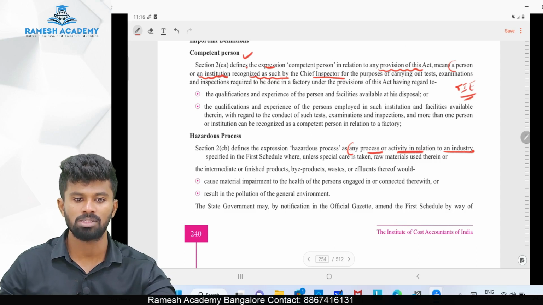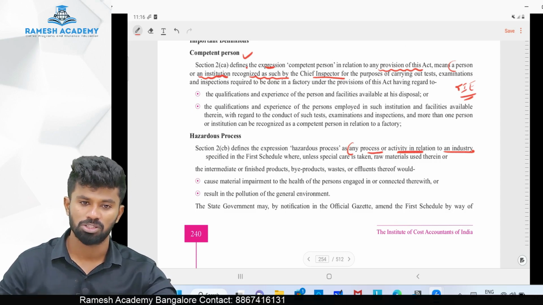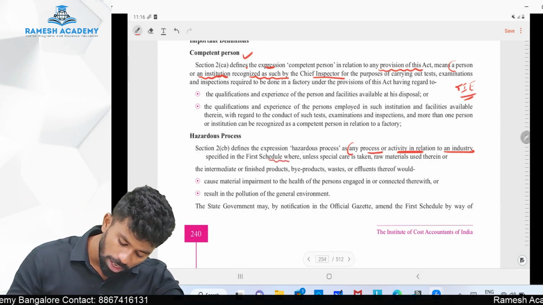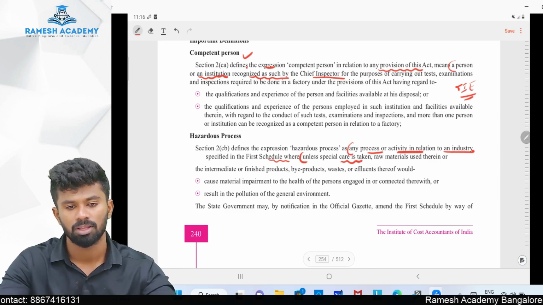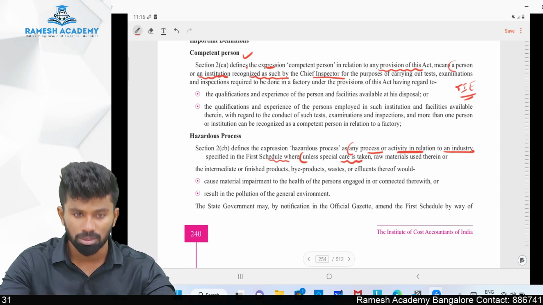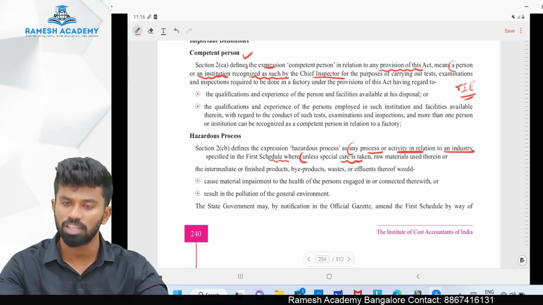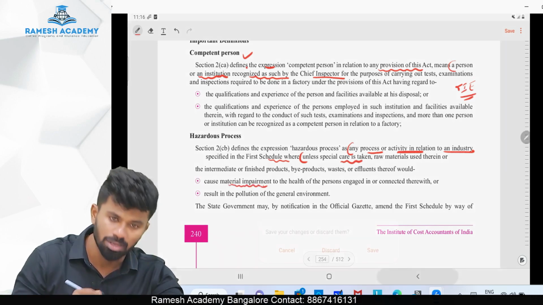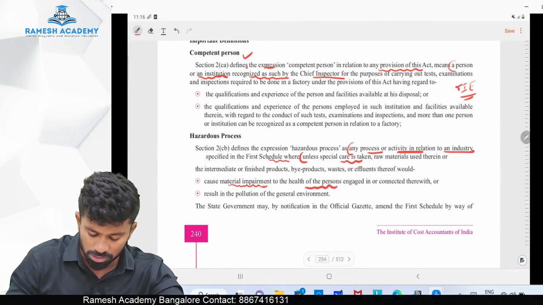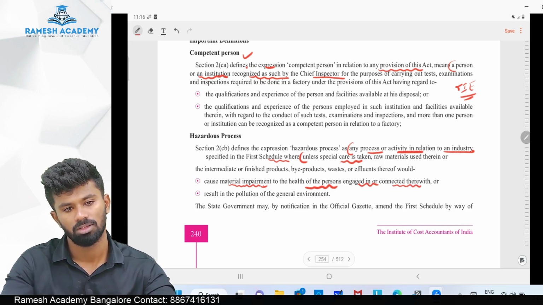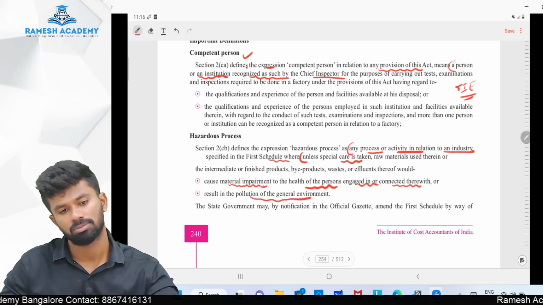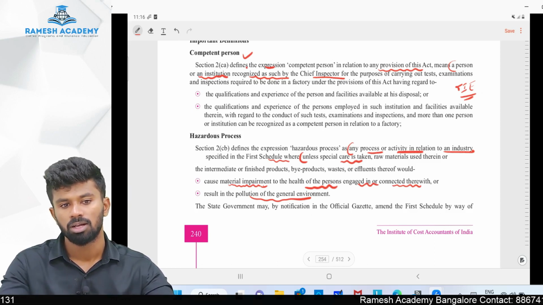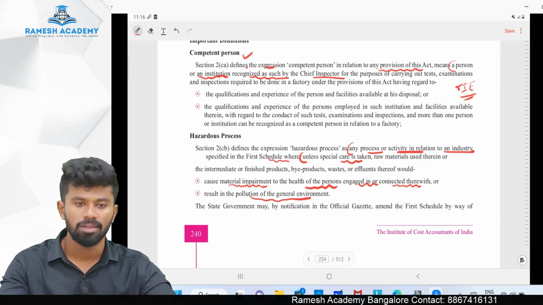The First Schedule provides the list of hazardous industries, like cement manufacturing and cold storage industries, where, unless special care is taken, the raw materials used, or the intermediate products, finished products, byproducts, waste or effluents thereof would cause material impairment, meaning significant impairment, to the health of the persons engaged in or connected therewith, or result in the pollution of the general environment. Then it is considered a hazardous process.